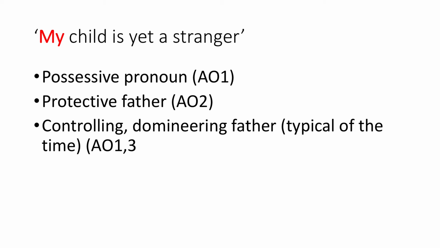And from her father's control, she would then be passed on to her husband, who would have her control. So women were not allowed to own property. They clearly didn't have the vote. They were not allowed to work. They were housewives, essentially. So this is important that you remember that this is typical of the time.